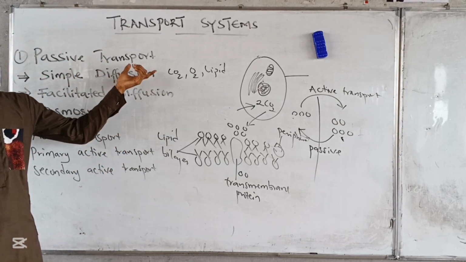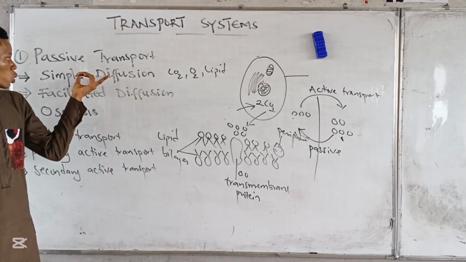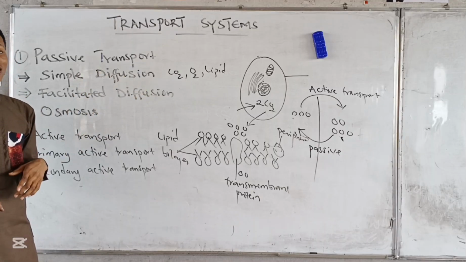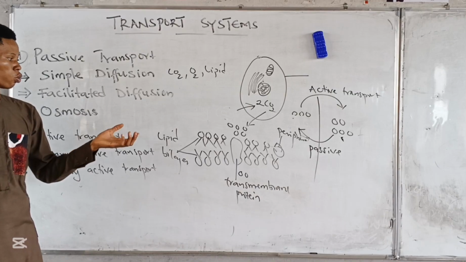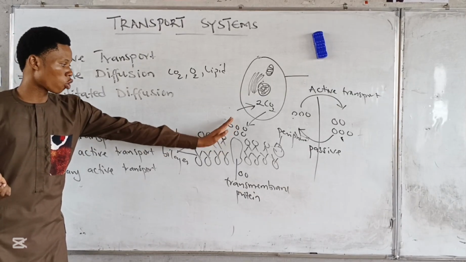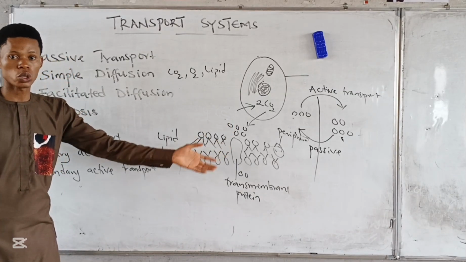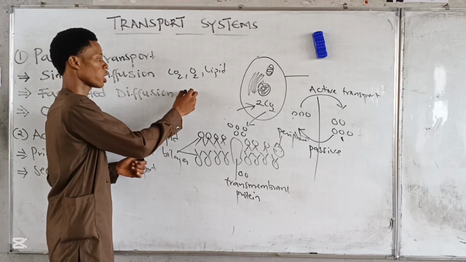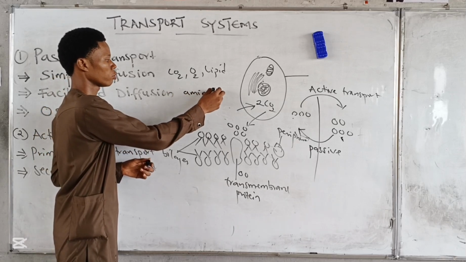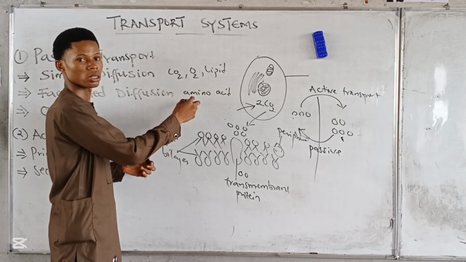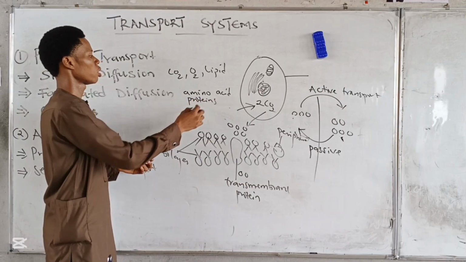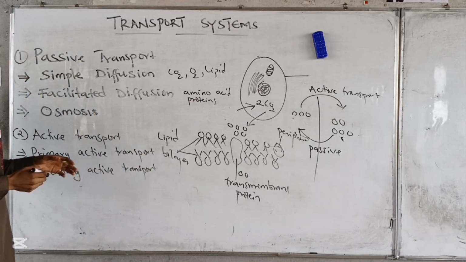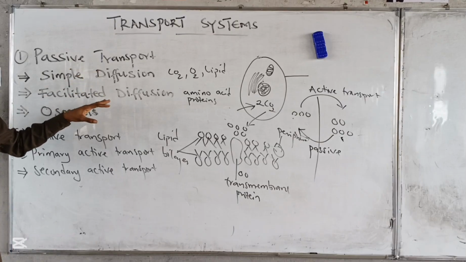These small molecular weight biomolecules are transported through simple diffusion. Facilitated diffusion is used to transport higher molecular weight molecules, those that cannot pass on their own from high to low. Examples, we have what? Amino acids. What else? We have proteins. Any question on simple diffusion and facilitated diffusion?